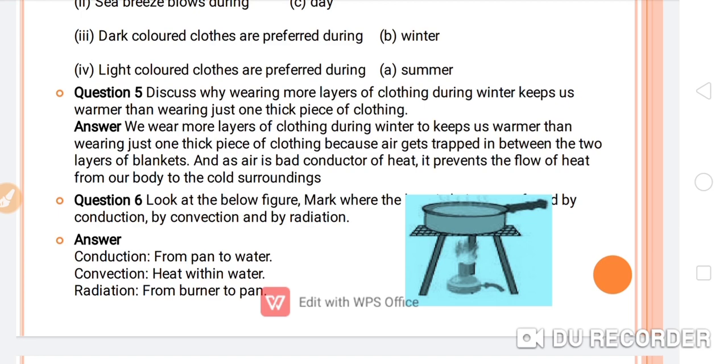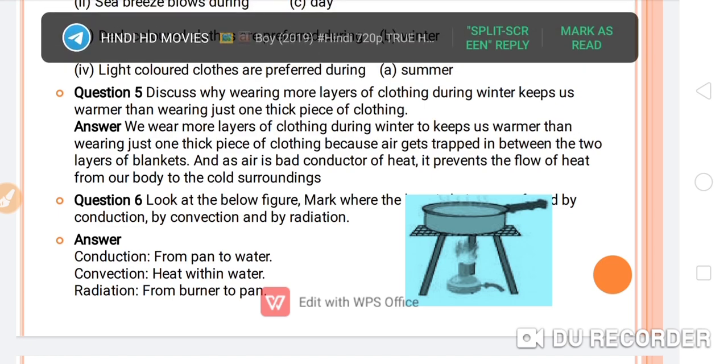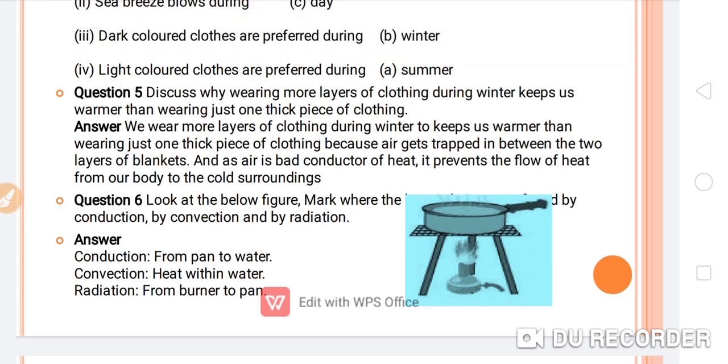We wear more layers of clothing during winters to keep us warmer than wearing just one thick piece of clothing because air gets trapped in between the two layers of clothes. And as air is a bad conductor of heat, it prevents the flow of heat from our body to the cold surroundings. So that was the answer for question number 5.